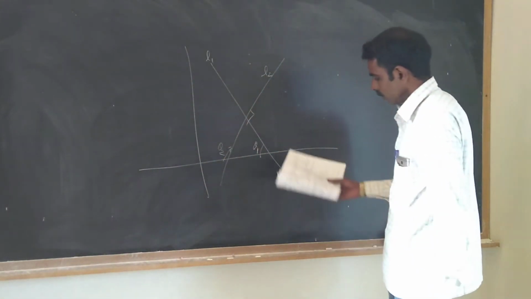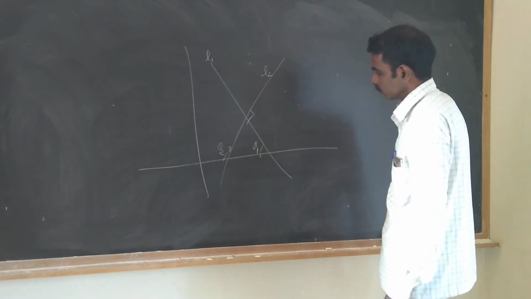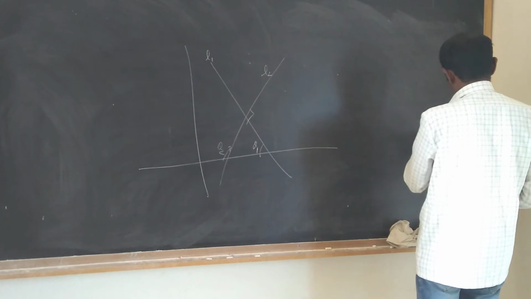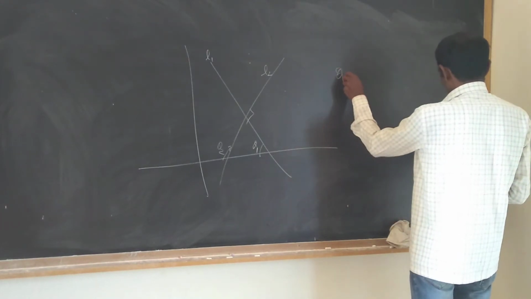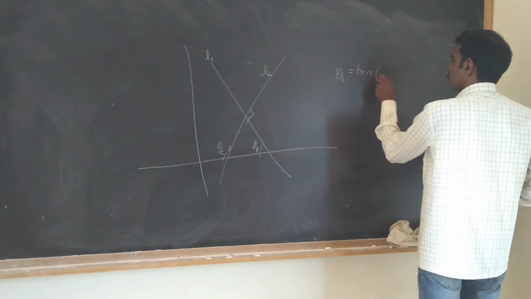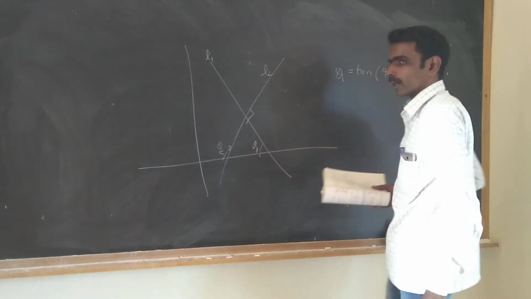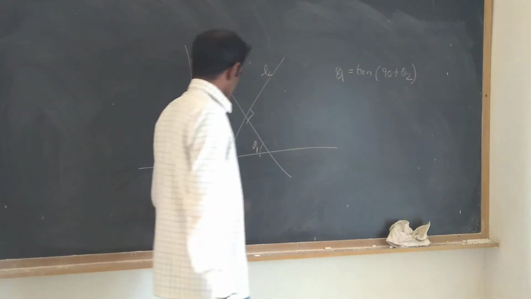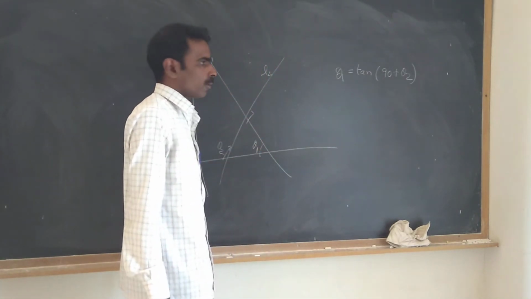Then, according to this figure, you know that theta 1 will be 90 plus theta 2, according to the geometry.